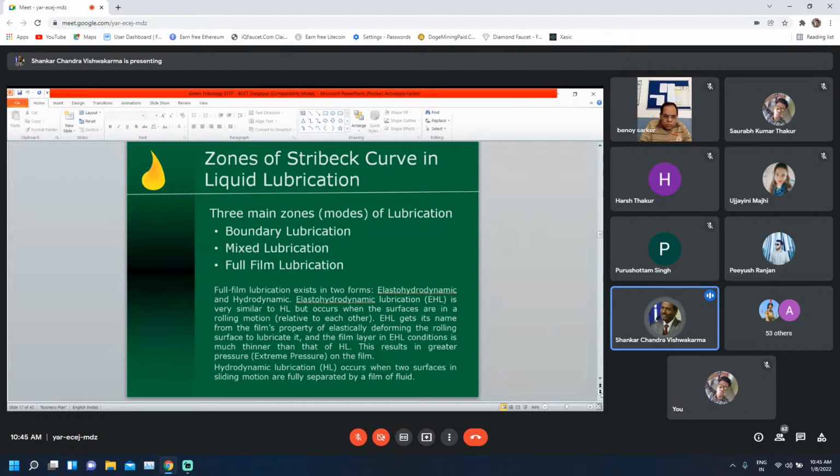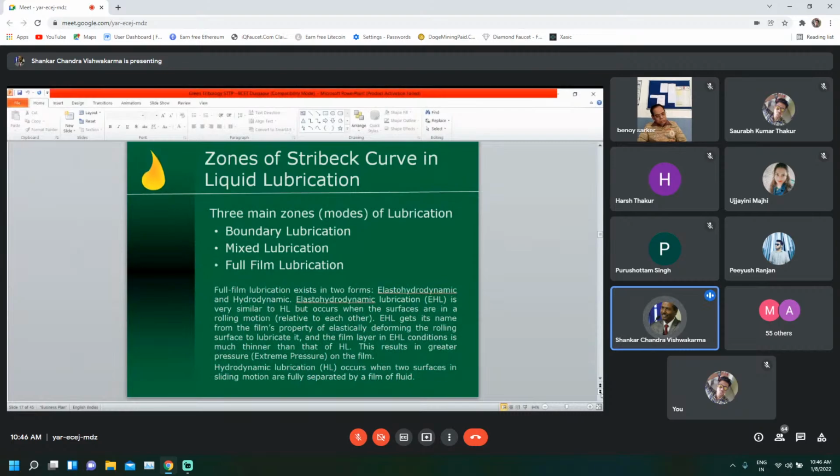So the film will be elastically deformed, causing the two mating surfaces to be separated, and only the oil film is getting sheared off at the time of energy transmission or power transmission. So the film layer here is elasto-hydrodynamic. Right? This results in greater pressure on the film.